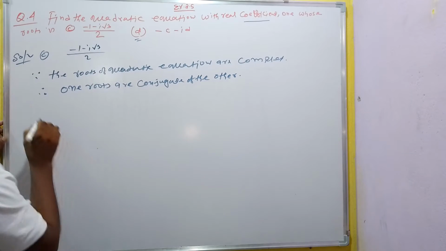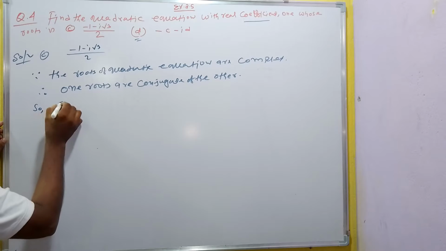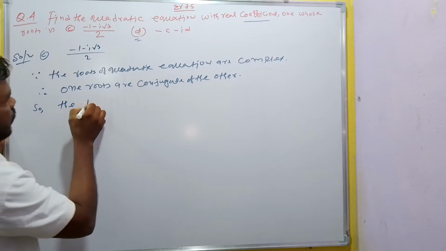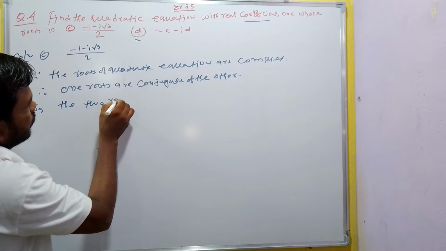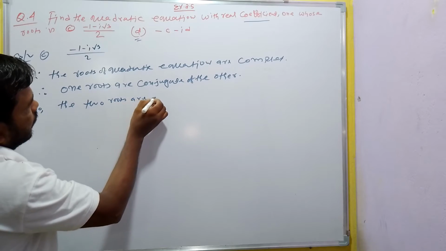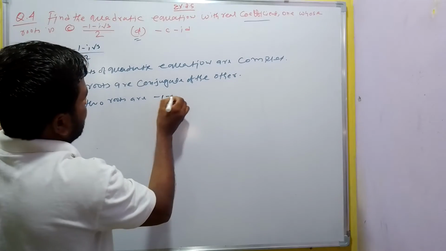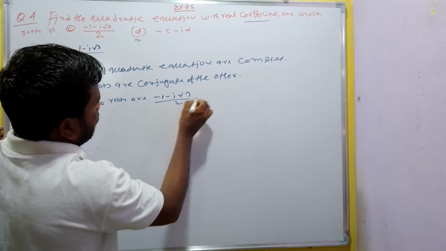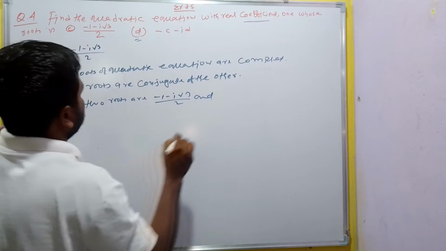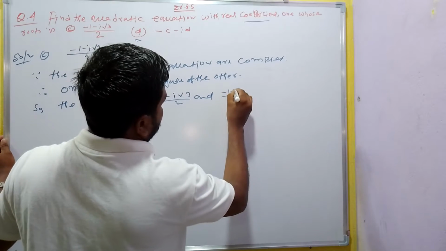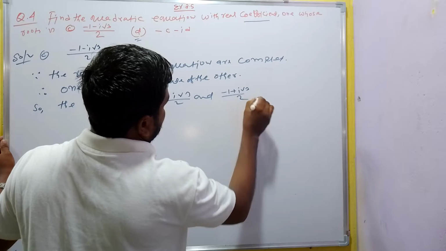So the two roots are (-1 - i√3)/2 and (-1 + i√3)/2.